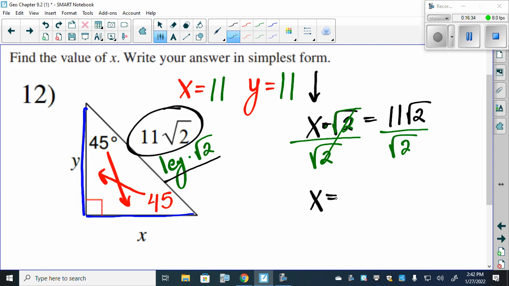And what's 11 square root of 2 divided by the square root of 2? Because anything divided by itself is 1, which would leave us with 11. Any questions on this here?